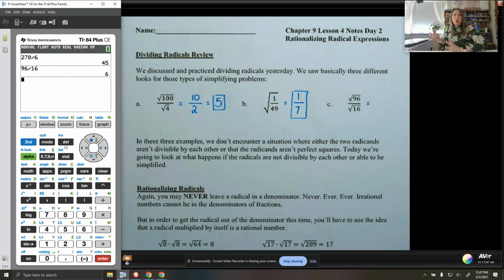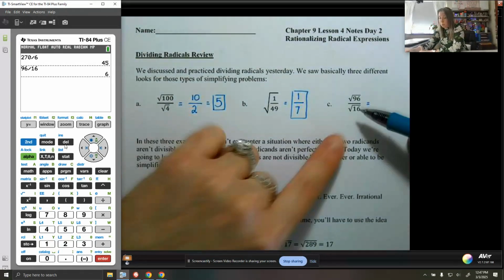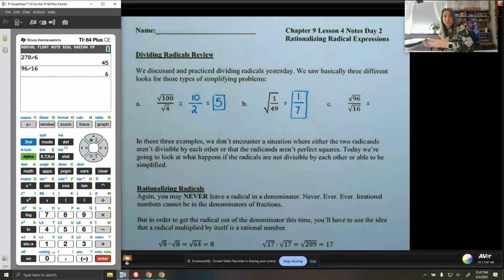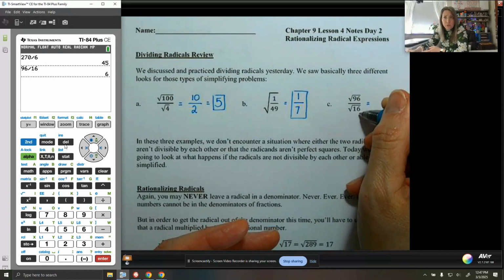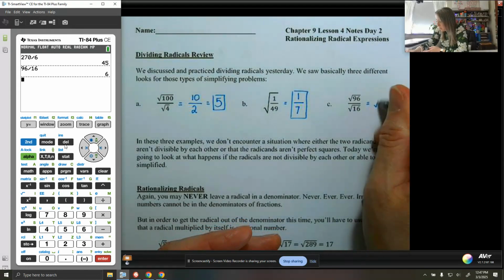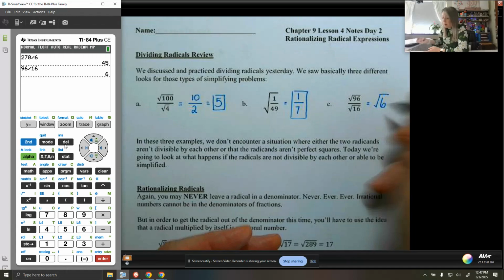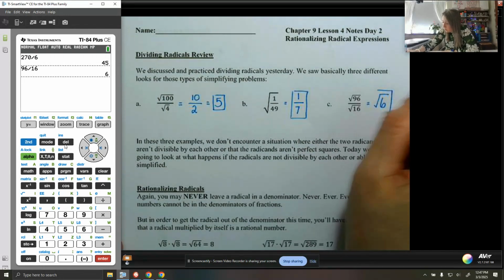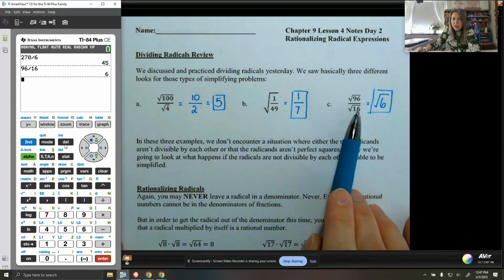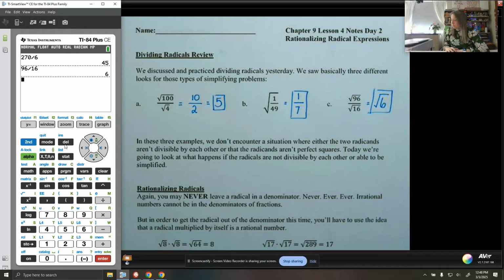So even though I've got this perfect square here, what I'm going to do instead is try dividing 96 by 16, because they are both evenly divisible by 16. And because they're both under a radical, my answer goes under that radical. Oh, there we go. Radical 6. There's my final answer. I'll talk about that a little bit today as to how that's going to play out, but we'll get there.